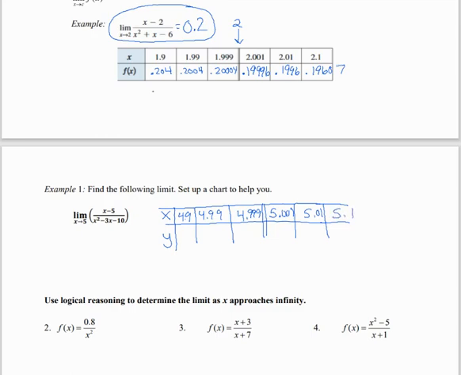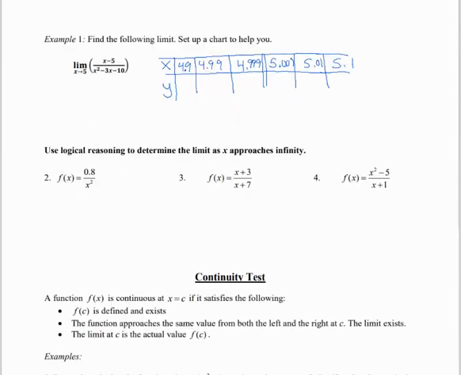As long as we are picking values close to the 5 that we're evaluating, your table should give you enough information about the limit we are approaching. So try that out. Remember, if you don't have the graphing calculator table function, you're just going to plug those values into the function to get your y values.